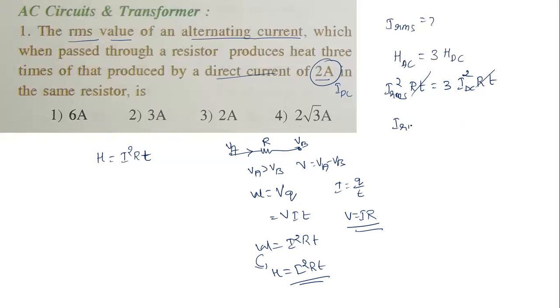So we want I RMS equal to root 3 times I DC. Just the square will not come. I DC how much is given? 2 ampere. So it will become 2 root 3 ampere. So where is the option? The fourth option is correct. So this is question number 1, and this is the key point here.